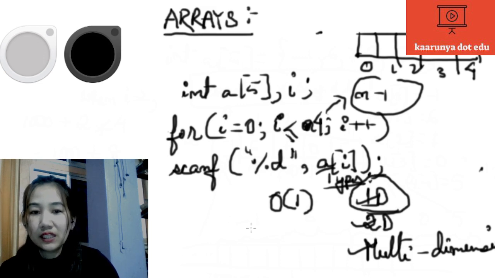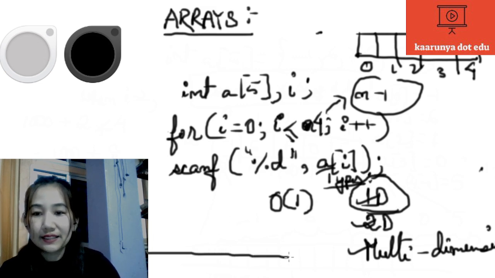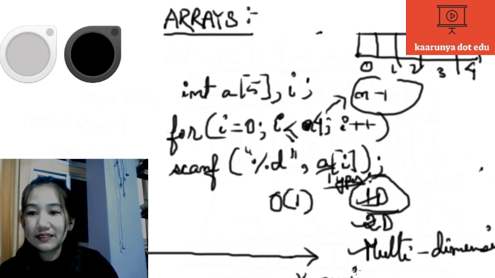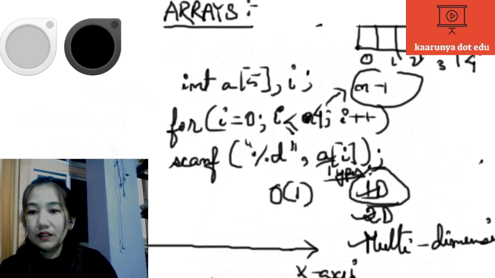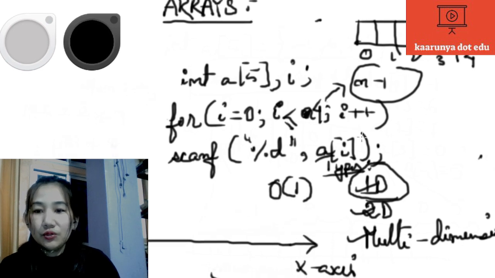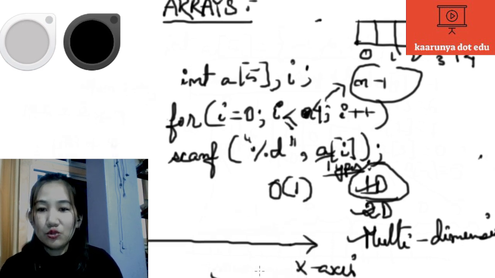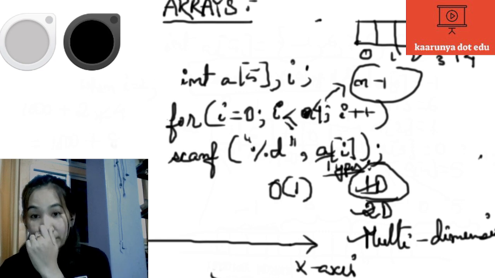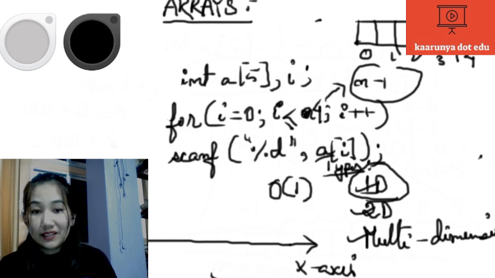One dimension in the sense there is only the x-axis, right? I think you can see. Let me drag this a little bit up. So one dimension means it is going only in one direction, that is only in the x-axis, right?